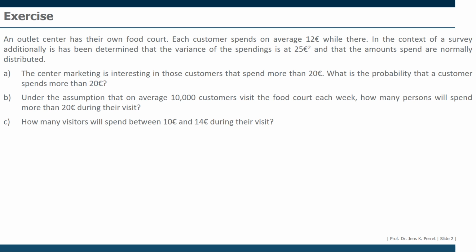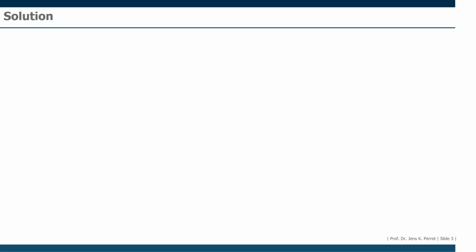Since we already clarified it's normally distributed, we know which distribution to use, and which statistics we need to solve these exercises. If we start with part A, what we're looking for is the probability that the spendings are larger than 20. So we're looking for x being larger or equal to 20.